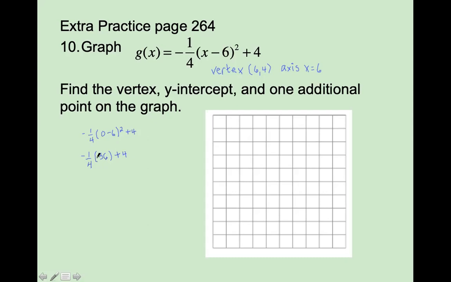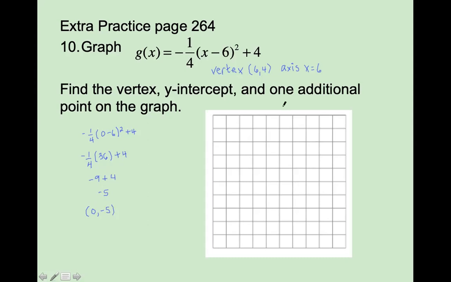Multiplication comes before addition. -1/4 times 36, or 1/4 of 36, is -9, because 9 times 4 is 36, plus 4, and I get -5. So I know the y-intercept is the point (0, -5). When I put 0 in for x and solve for y, I get (0, -5).